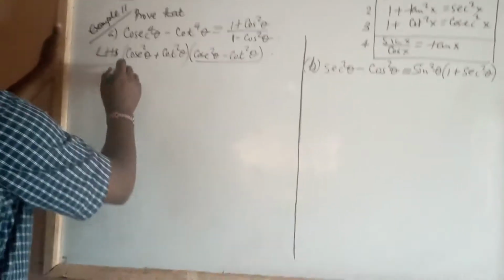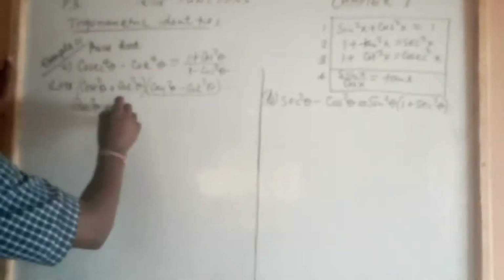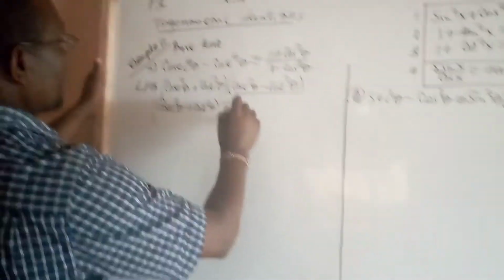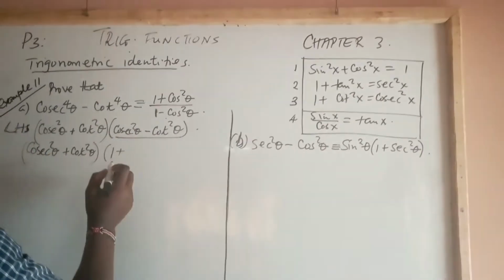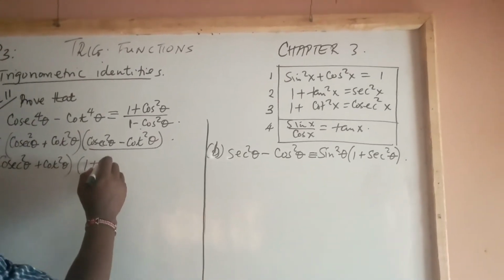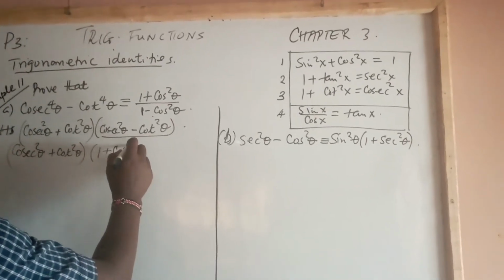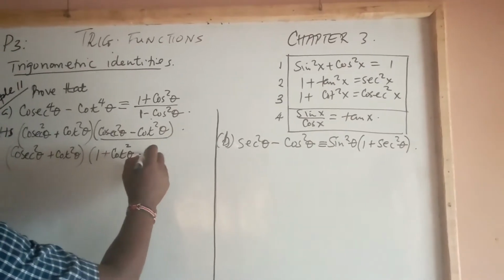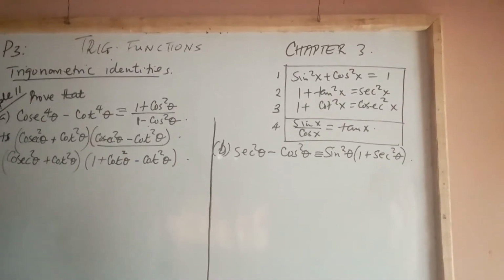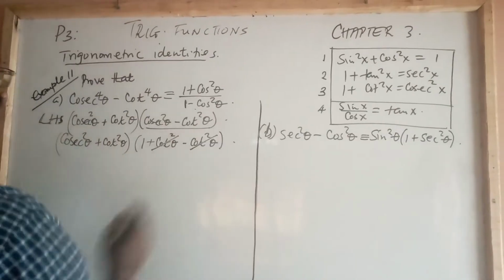So we have cosec squared theta plus cot squared theta multiplied by 1 plus cot squared theta minus cot squared theta, which is 1.